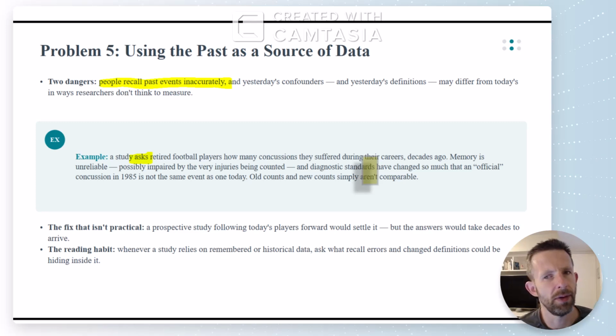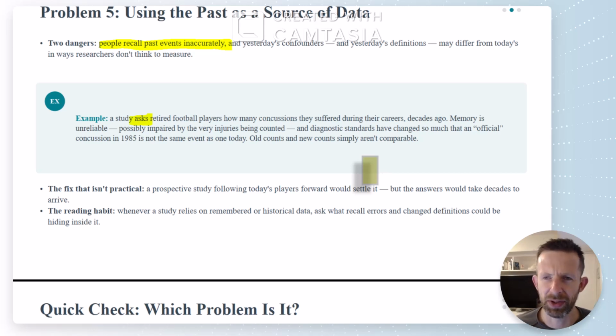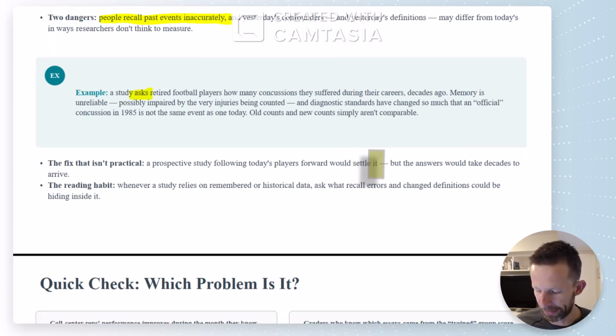So not only did the definition of a concussion change, but asking people who have been hit in the head multiple times to try to recall how many concussions they've had is highly unscientific. There's not a lot that you can do about that. But basically, if you are drawing conclusions from data from decades ago, that should be a red flag.